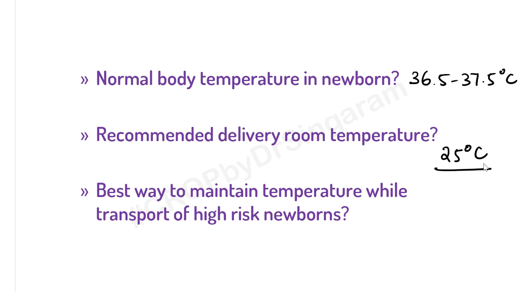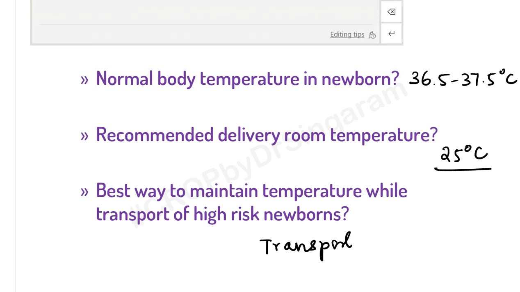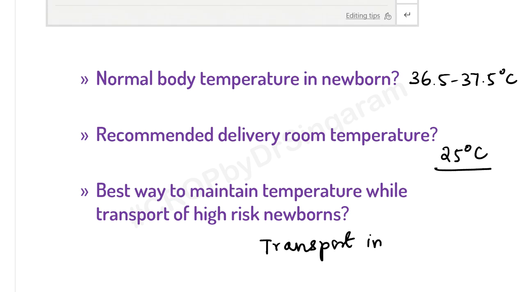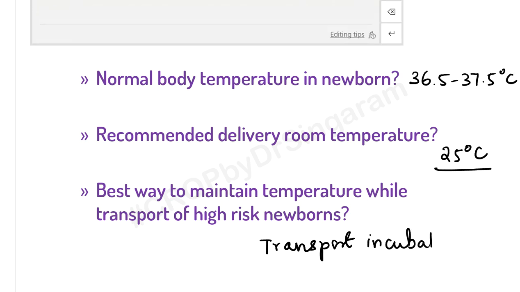Please remember the answer for this particular question is transport incubators. Some of the students wrongly answer as KMC or Kangaroo mother care. That is absolutely wrong. It is always transport incubators which are best for maintaining temperature during transport of newborns.